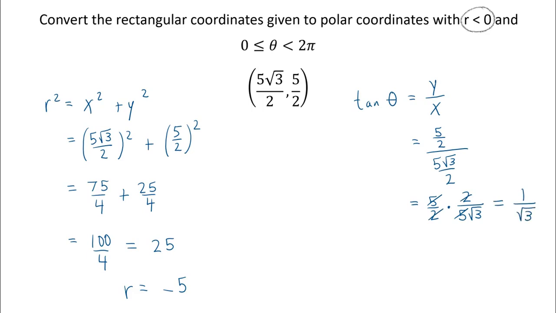Now that figure doesn't look familiar to me, so I'm going to rationalize. When we rationalize 1 over the square root of 3, we get the square root of 3 over 3.